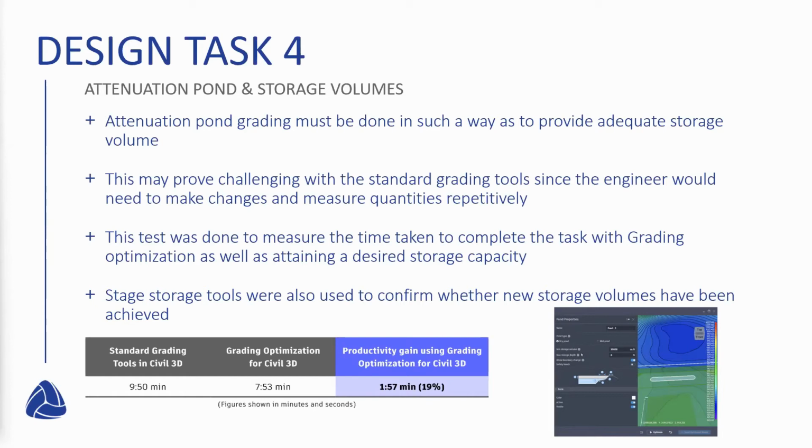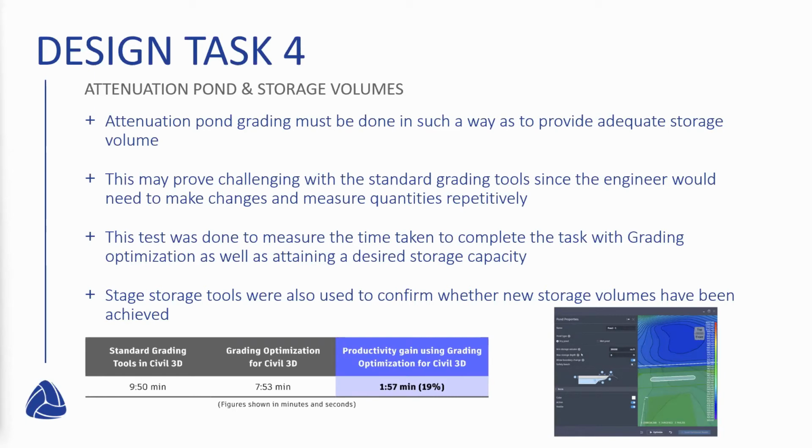And this does get quite tedious when doing it manually. So also, the test was done to measure the time taken to complete the task with grading optimization, as well as attaining a storage capacity.